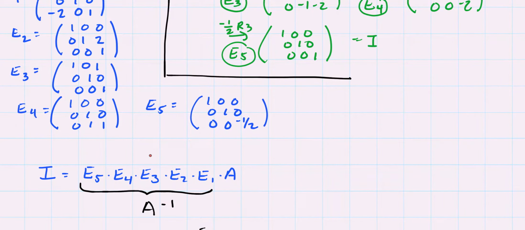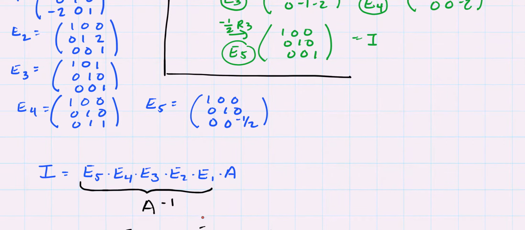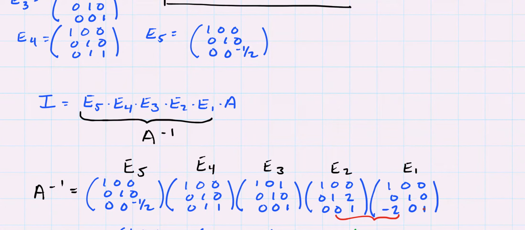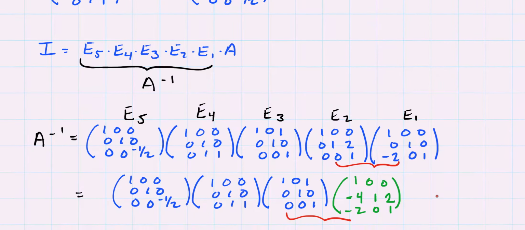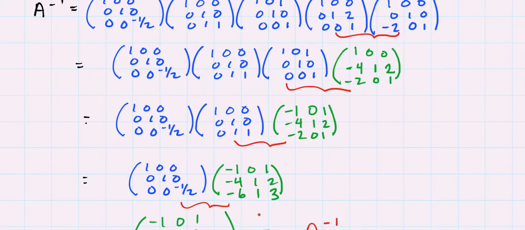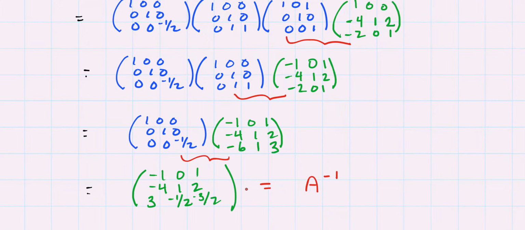Now again, we said that if we multiply these elementary matrices in this order, then we get the inverse. And that's what we did last time. So I wrote all 5 of the elementary matrices, and I started by multiplying these two, and I got this matrix. And then I multiplied these two, and so on. And finally I ended up with this matrix here.